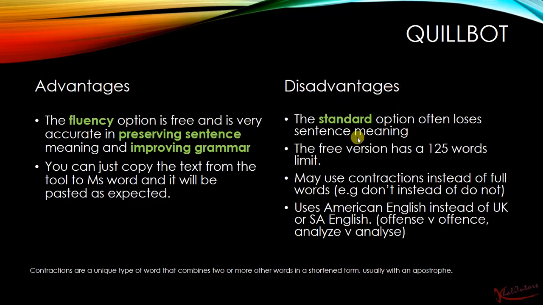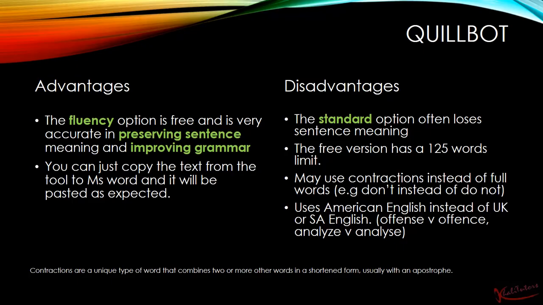Okay, so what are the disadvantages of using QUILLBOT? The standard option often loses sentence meaning. The free version has a limit of about 125 words, so that means you'll have to copy by paragraph. You'll copy the first paragraph, paste it into the QUILLBOT tool, then take your text, put it in Word, move to the next paragraph, and so on.